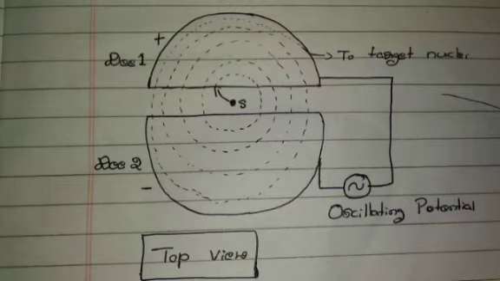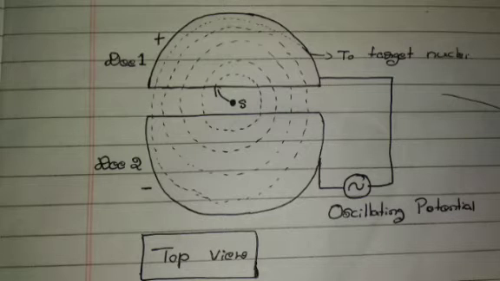D1 is connected to the positive terminal of the oscillator, and D2 is connected to the negative terminal of the oscillator. So these two D's are at opposite potential. The oscillator used here is a high frequency oscillator. So here we are using two fields, electric as well as magnetic field.